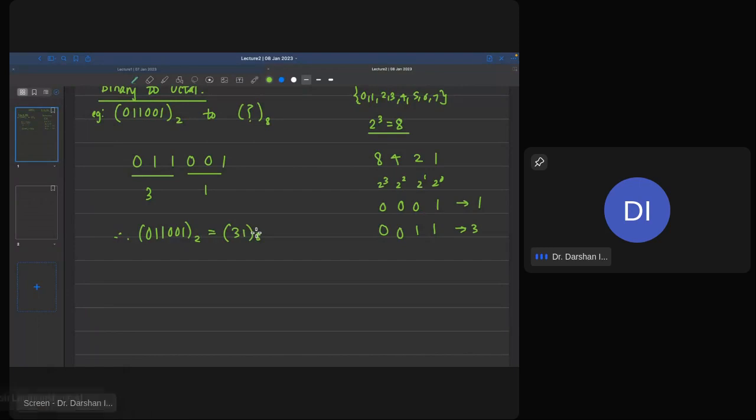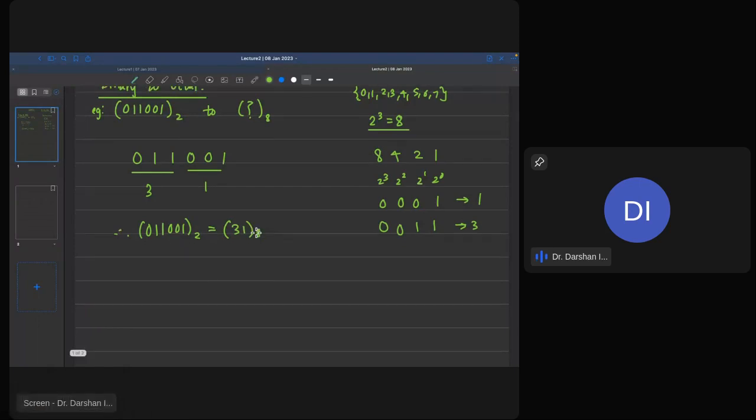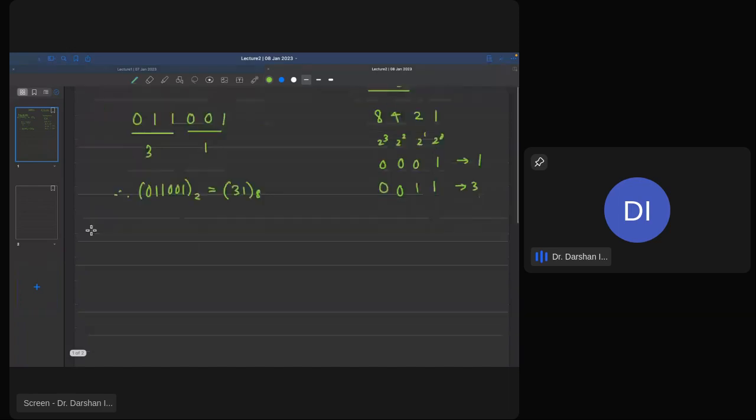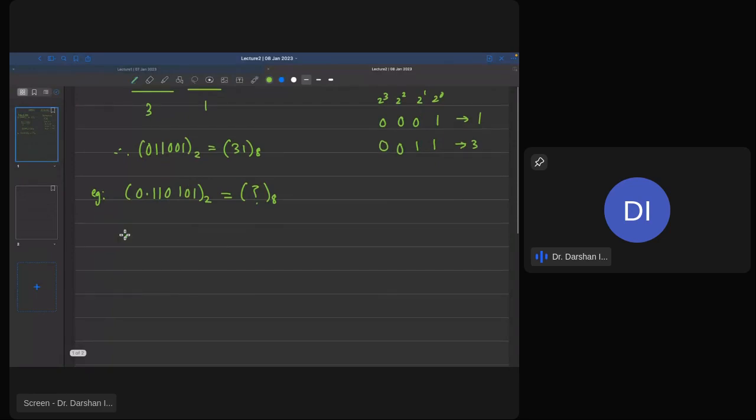Okay, now what if I have a number like this? Second part, as I told you, I will not solve it for you, so you have to solve it. If I say 0.110101 to the base 2 is what to the base 8. Again, I'll do the same groupings. 0.110101.